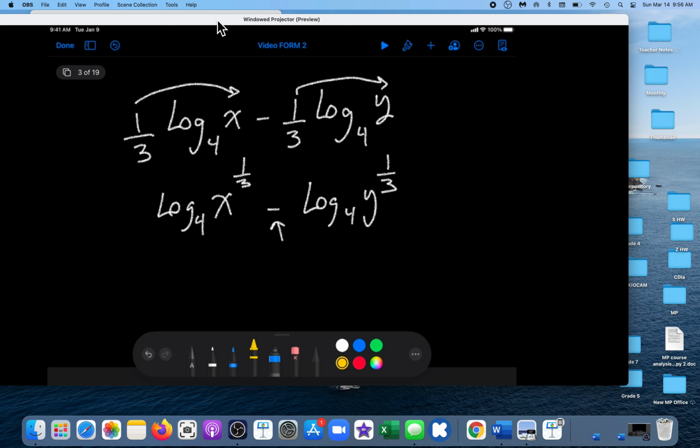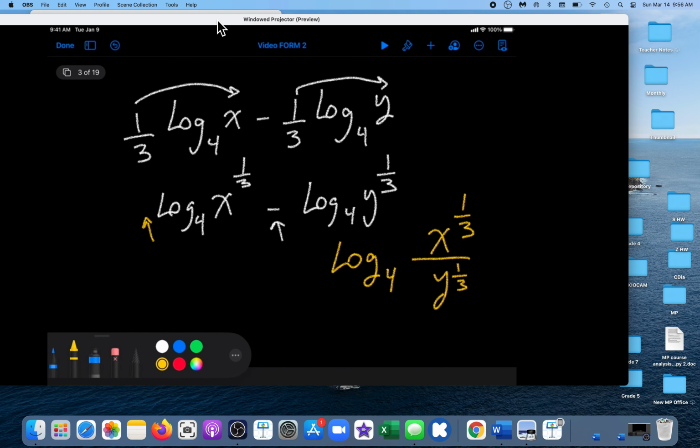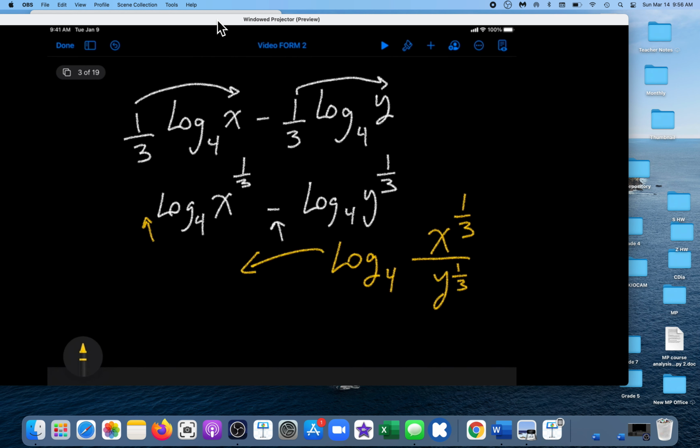That means when you combine these into one log, there will indeed be a fraction. The base stays the same. Y to the 1/3 goes on the bottom because of that minus sign. There's a plus sign out here, x to the 1/3. You now recognize this, ladies and gentlemen, as something that could be placed into one exponent because of the power rule.